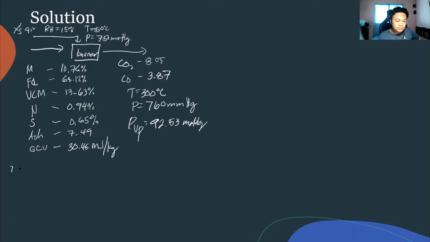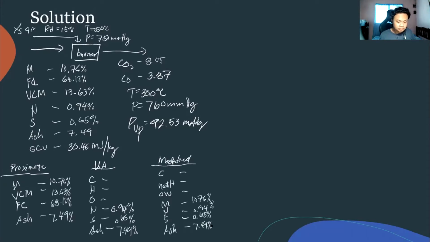Let me just write them. Now we have written the items here, and as you can see, the C, net H, and CW are missing.